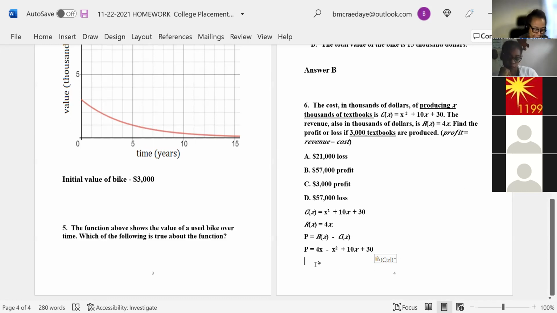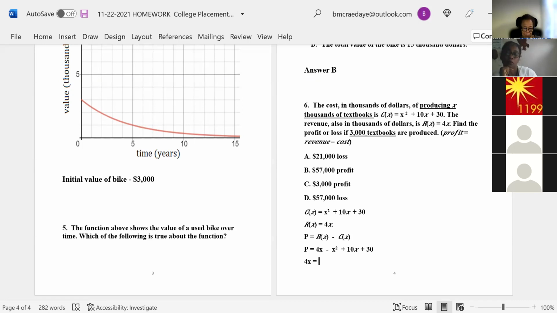What is 4X equal to? Yeah, but X is what? X is 3,000.